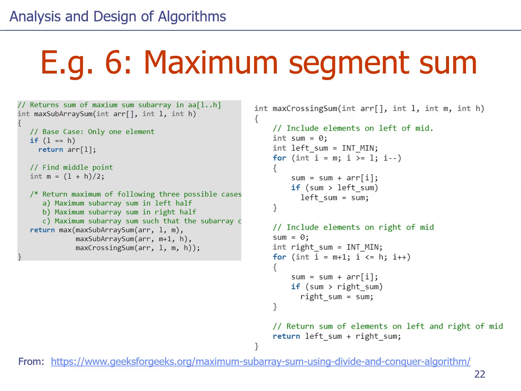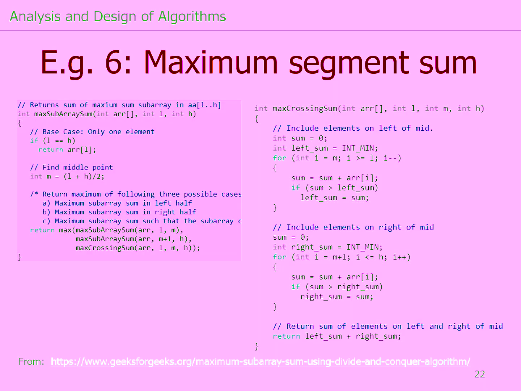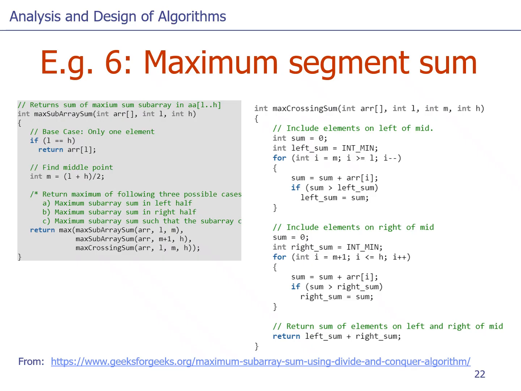Now, max crossing sum is on the right, and if you look at the different pieces in the code, the first block says include elements on the left of the mid, and the next block says include elements on the right of the mid. Now, I will leave this code for you to trace because I don't want to spend lots of time on working out the details of the for loop.